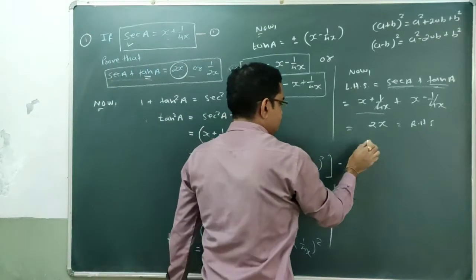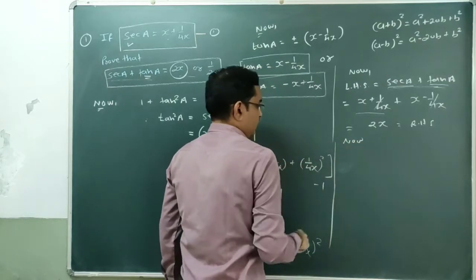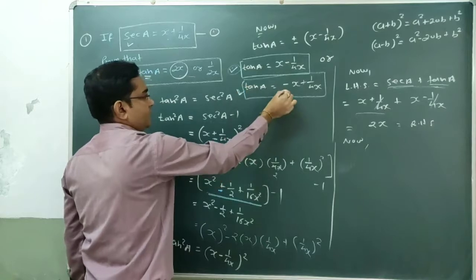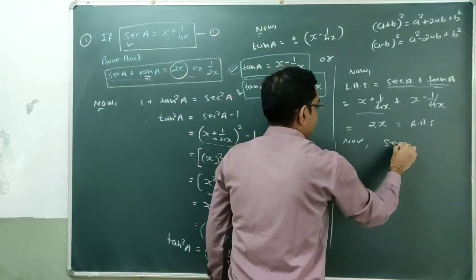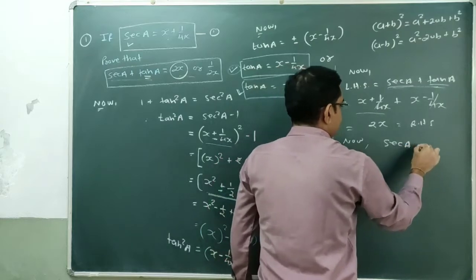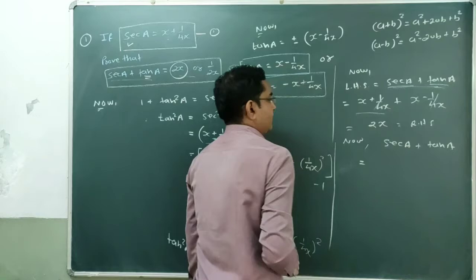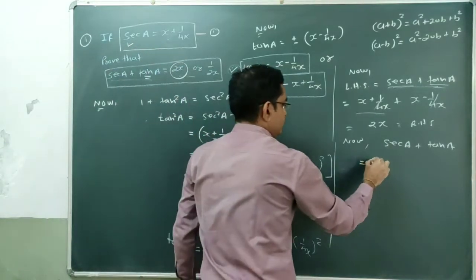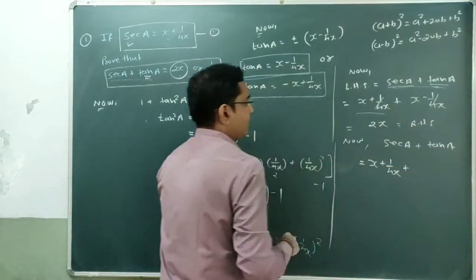Now again we are using the second value of tan a, which is minus x plus 1 by 4x. Again we start with the left hand side, sec a plus tan a. This is equal to sec a plus tan a. What is sec a? Given, x plus 1 by 4x, plus tan a.